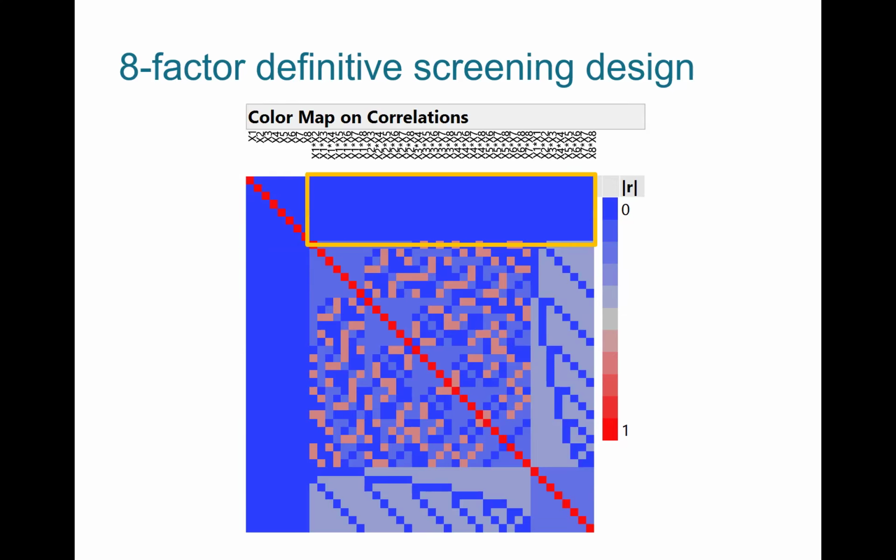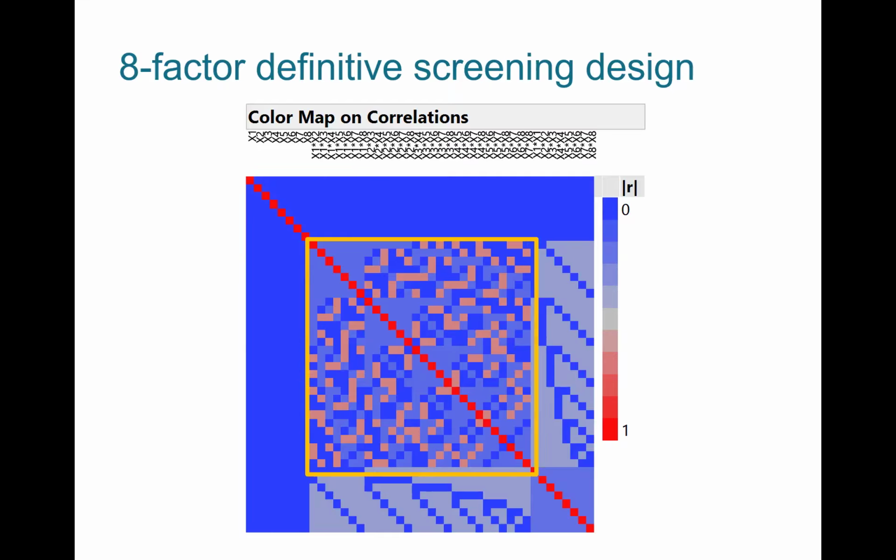The top right corner is also blue, so that means that you can estimate the main effects independently also from the second order effects with a definitive screening design, just like in a traditional response surface design. But that's where the good news stops.